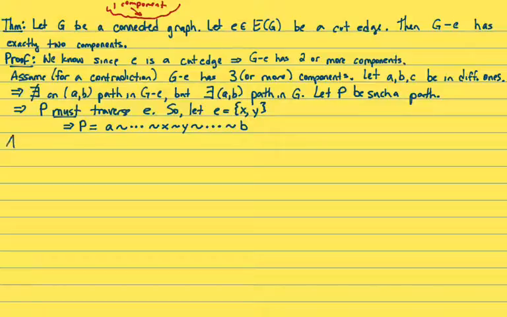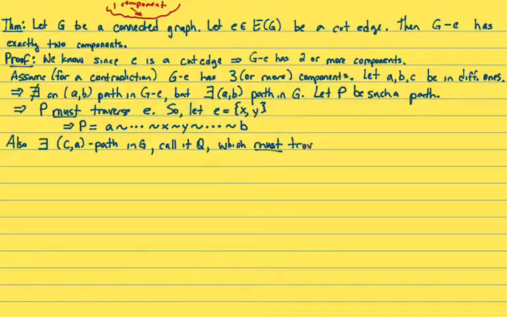Also, because C and A are in different components, there is a path from C to A in G, we'll call it Q, that also crosses XY, just because C and A are in different components once we're in G minus E. So there are 2 possibilities then for Q. Q goes from C to A, just like P went from A to B, and either we're crossing from X to Y in the midst of Q, or we're crossing from Y to X. So that looks like this.